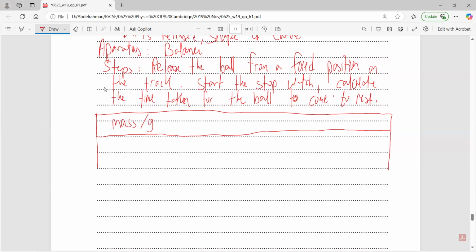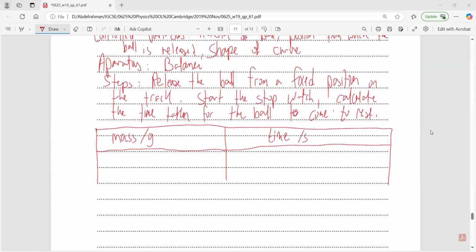What are other variables that might change? The only other variable is the dependent variable, which is the time. So mass in grams and definitely time in seconds. That's all you need to write down in this table. You measure the time and you measure the mass. That's all you do for this question.